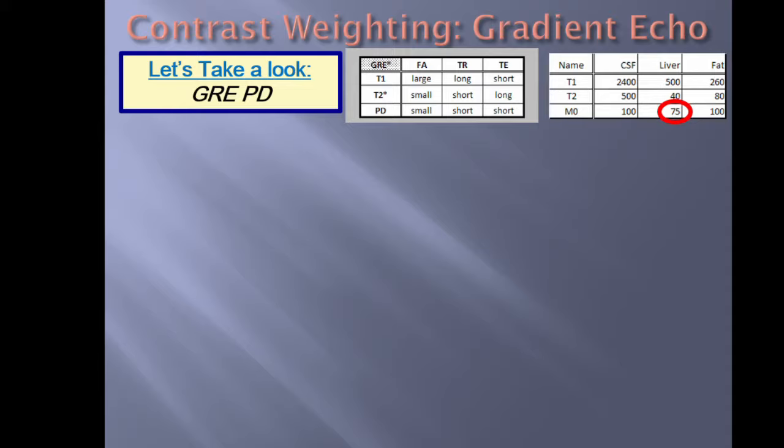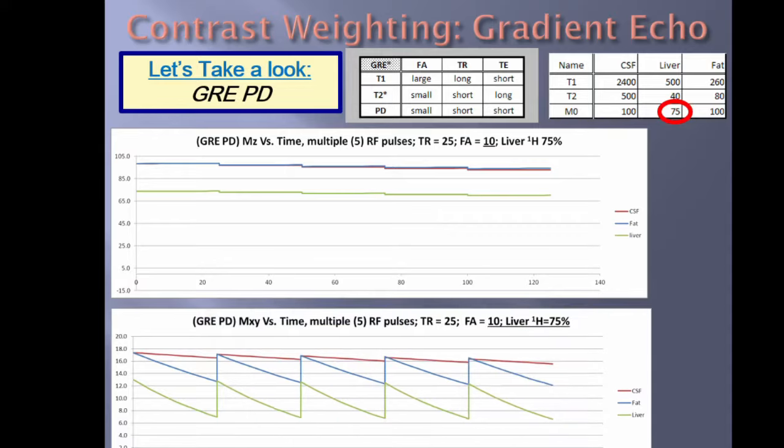Now let's take a look at the individual gradients. All right, let's start with proton density. So I set the model to say that liver has 75% proton density of fat and CSF. Remember, for proton density, we're going to be using small flip angles and short TRs to de-emphasize T1 effects. And we can actually see that in the longitudinal plane.